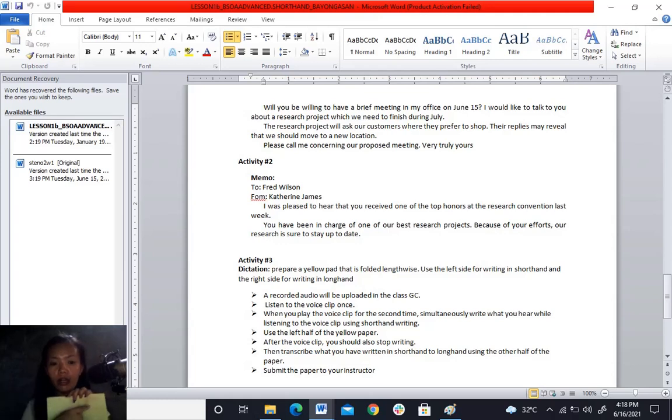Okay, so from shorthand here on the left, and then you're going to write it to longhand in the right. Okay? So, parang double transcription from hearing to shorthand and then from shorthand to longhand. Okay? Yun yung gagawin po ninyo sa inyong activity 3. And, ulitin ko lang, the voice clip or the video is already uploaded in our GC. Okay? So, I think that would be all, everyone.